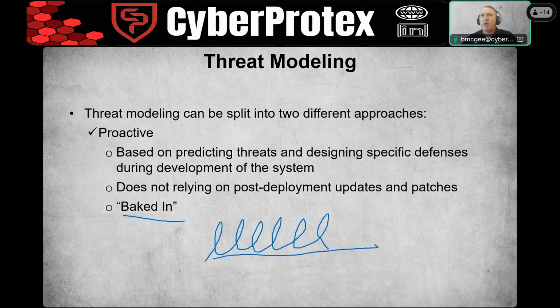As you move to the SDLC, a lot of times the threat modeling can maneuver with the project and streamline security much differently than if you bolt it on at the end. That's why typically this is much more cost effective, the threat modeling.